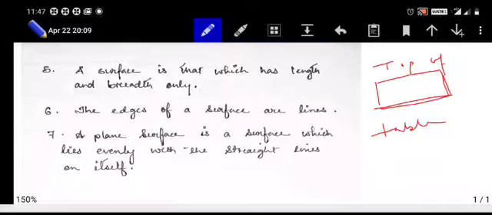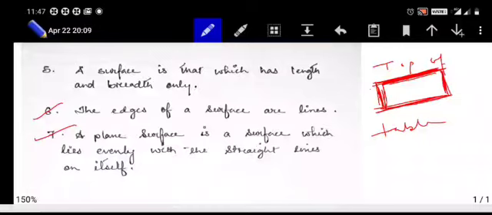Now the sixth one: the edges of a surface are lines. This is the edge. In the table, the part where the surface ends is called an edge. So this is one edge, this is another edge, and this is another edge. Number 7, a plane surface is a surface which lies evenly with the straight lines on itself.